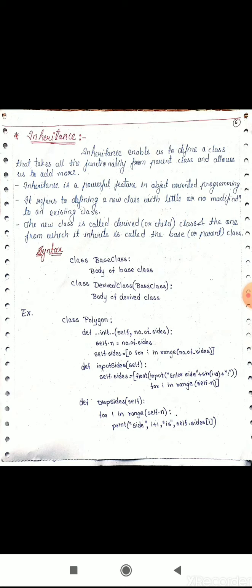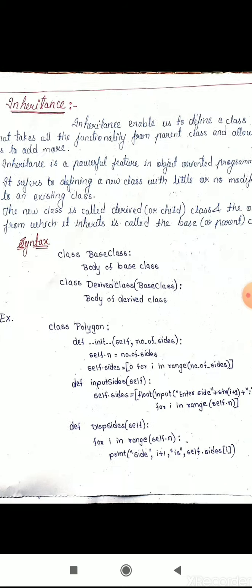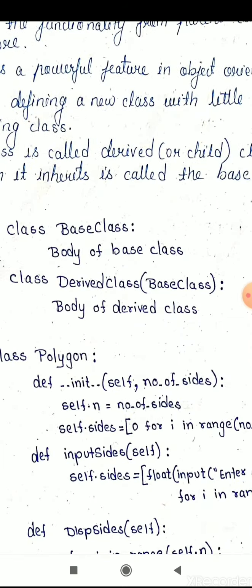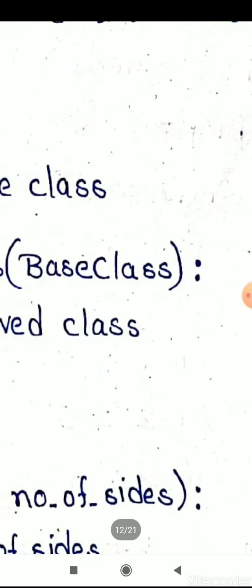Let's see the syntax for it. So I have defined over here some base class, that is class BaseClass and its body. This is nothing but syntax. And then class DerivedClass, again remember what I have done while defining the derived class. I have passed the name of the base class as the parameter to the new class.